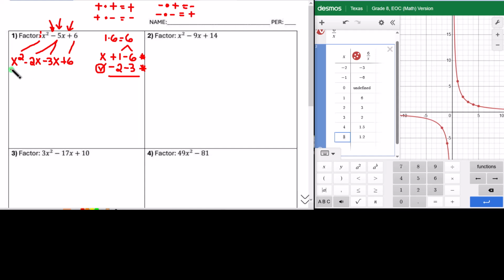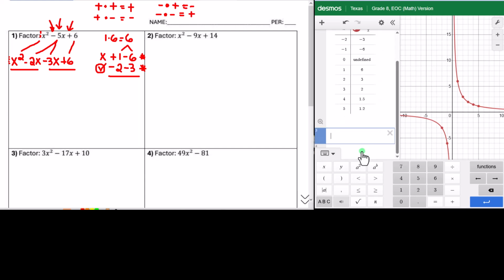Now we group them in pairs, the first 2 and the second 2. Remember, there's an invisible 1 here. So what is the biggest number to go into 1 and 2? If you cannot think of it off the top of your head, come to the calculator and write GCD 1, 2. The calculator tells you the biggest number to divide 1 and 2 is 1.